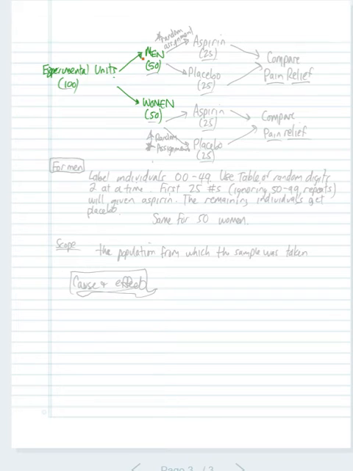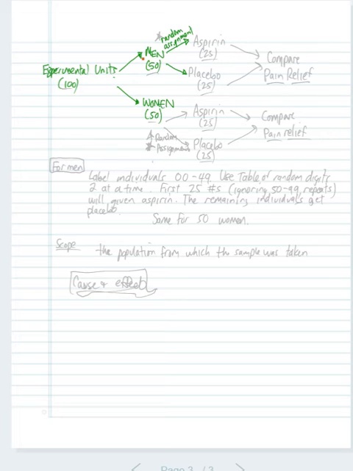Now, one thing to remember here is that we did not use random assignment to split people into men and women. Okay, that is not where the random assignment occurs. That occurs in the next stage of the experiment, where we look at the 50 men and we use random assignment to give them a treatment.